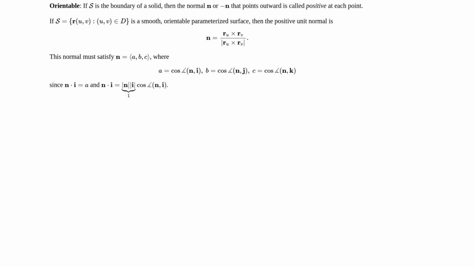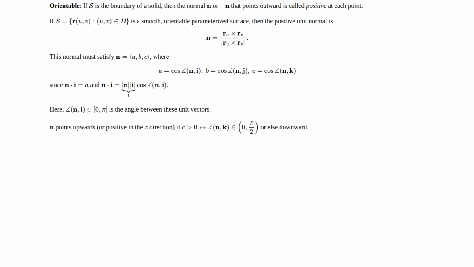To see this, we just write the dot product corresponding to the first one in two different ways. n dot i, well, n is (A, B, C), and dotting with i just gives you the first component A. So n dot i is A. But using the definition of the dot product, n dot i is also the magnitude of n times the magnitude of i, both of which are unit vectors, so that's just one, times the cosine of the angle between n and i. So that establishes the relationship that we need.